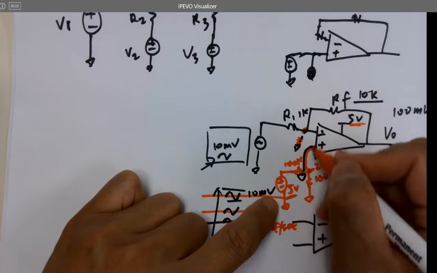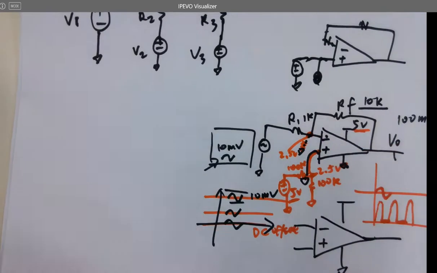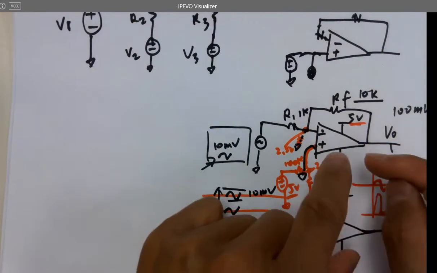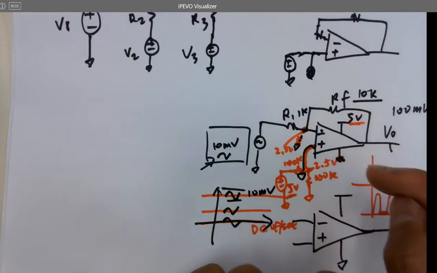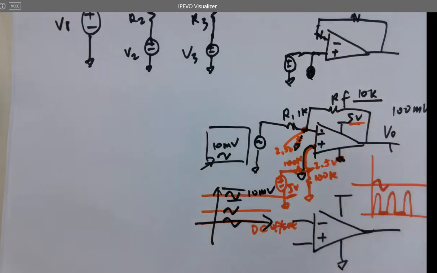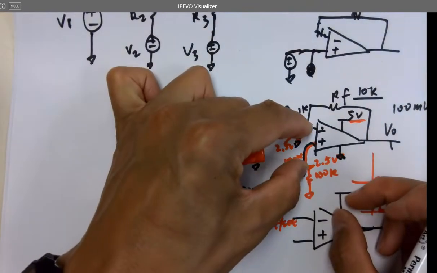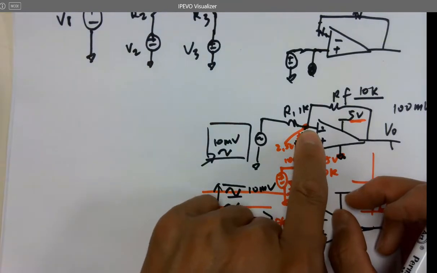Yeah, 2.5 is virtually shorted to here. 2.5 DC is going to appear here directly because of the internal structure of the op-amp. If you're asking why, you have to really design an op-amp to know it. But for now, don't worry about that. Whenever you have negative feedback, these two voltages are almost equal. So provide a DC voltage here, and the DC voltage is going to appear here.